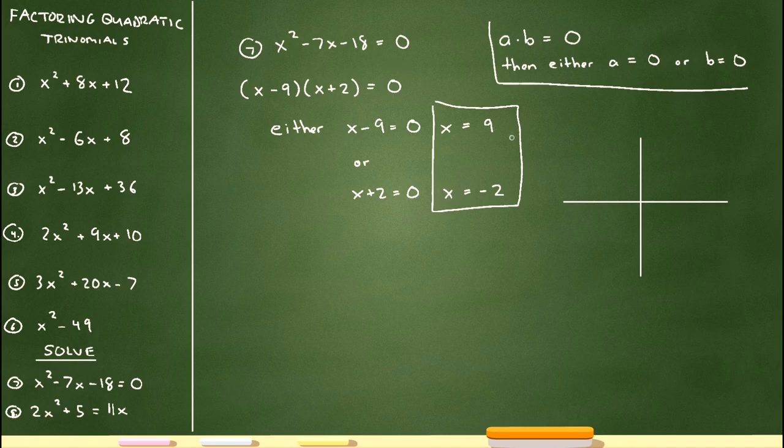Now parabolas could look like U-shapes, so they may look something like this. And where this parabola is crossing the x-axis is our two solutions, 1 and 2. Whereas if we take a line like this, it's only possible for the line to cross at one particular point. So we obtain single answers for lines.